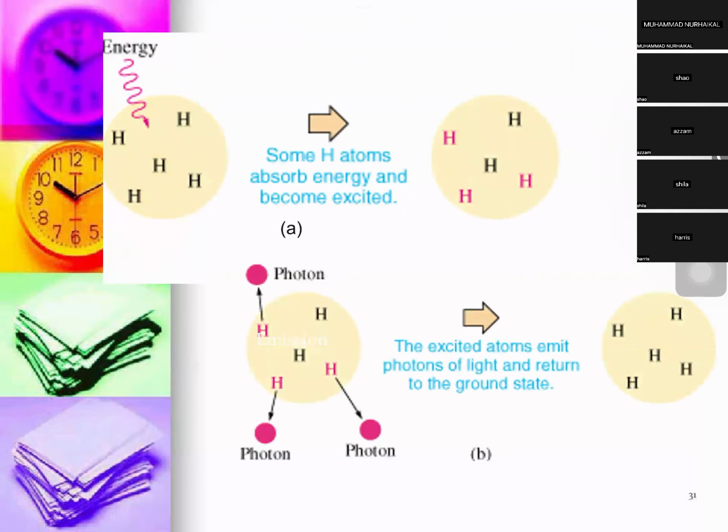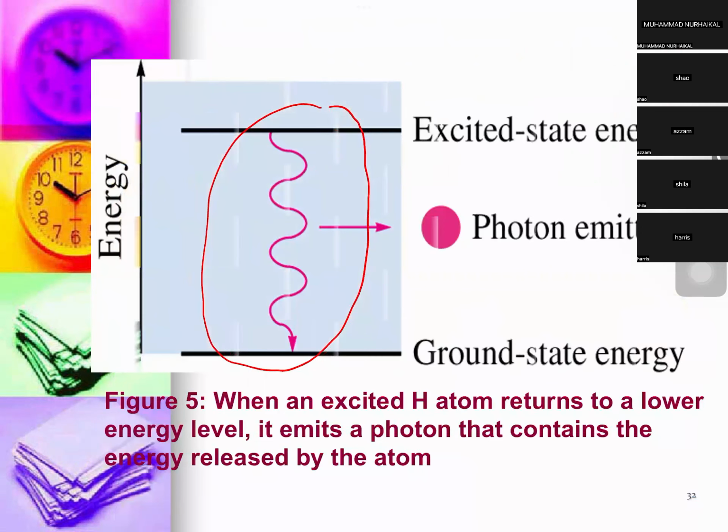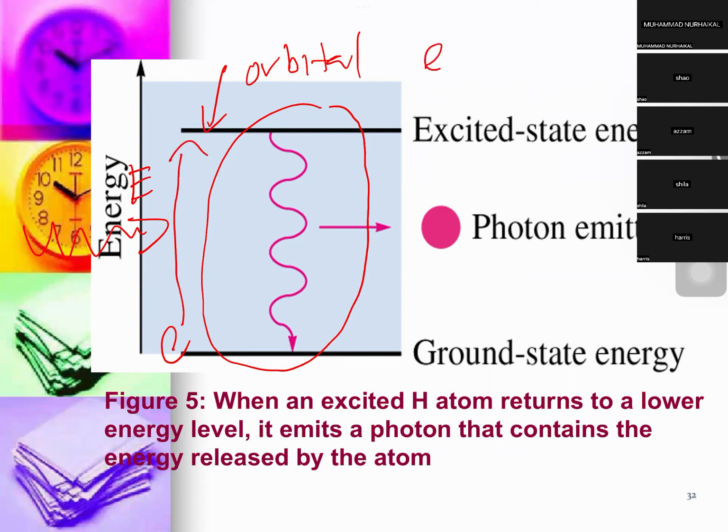So this is what Azam mentioned about the photon. We know electron, and then we know orbital. We know the process: if energy is provided, or bombarded to the atom, this is energy, and the electron will be excited to a higher energy level or a higher energy orbital.